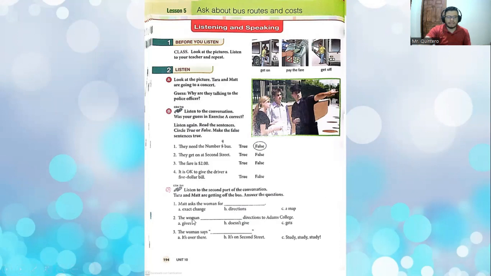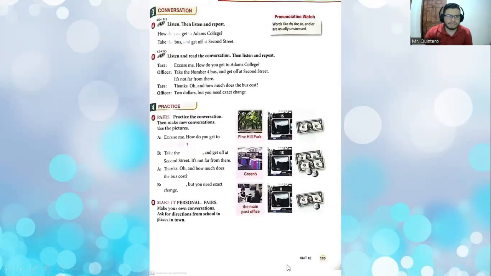The woman doesn't give directions to Adams College because she says study, study, study. That is the reason she doesn't give the directions. She doesn't say 2nd Street, 3rd Street, 4th Street, 4th Avenue. She doesn't say that. Let's continue with the next part.